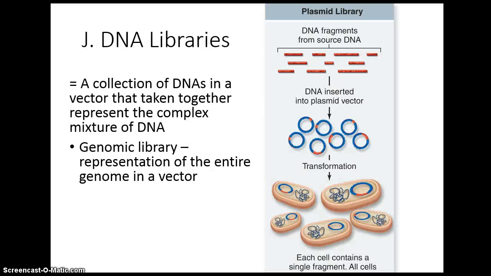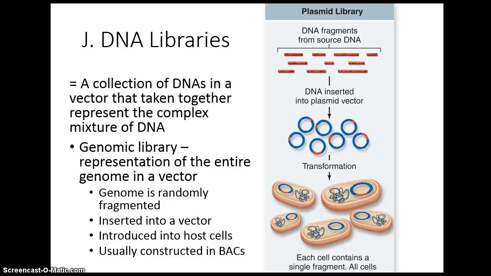Another important method is called making a DNA library, and this is a collection of DNAs within plasmids and then they're inserted into bacteria, and this represents a genomic library within all the bacteria that you have. What happens is the genome is randomly fragmented. This is going to be done using restriction endonucleases.